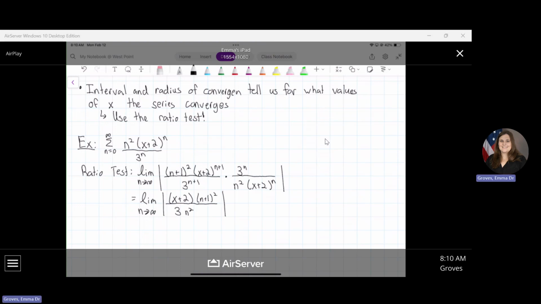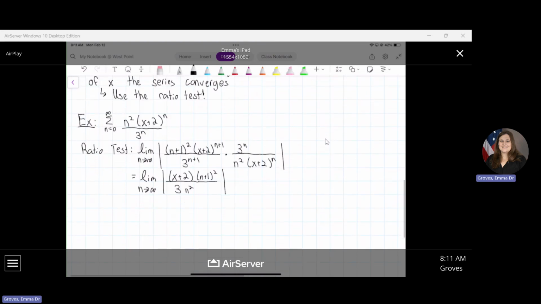Now notice that this is a limit over n. So we can pull our x term outside of the limit, right? Because the x is not affecting the limit at all, and we can pull constants outside of our limits. So we can treat anything that doesn't have an n like a constant. So I'm going to pull out my x plus 2. The only thing I need to make sure to do is still have it in absolute value bars.